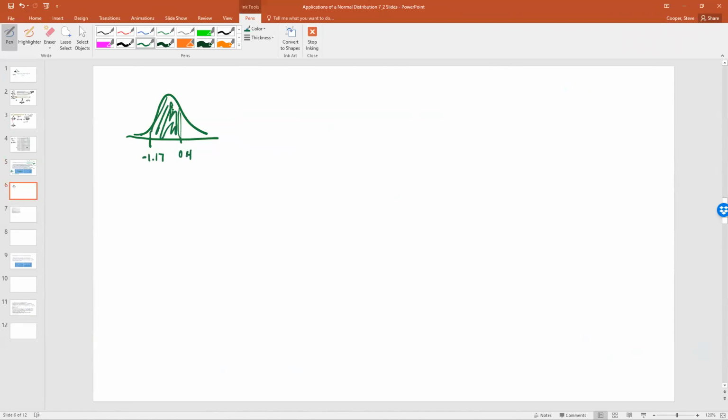So any ideas how we can calculate that area? I've got a problem here. If I were only interested in less than 0.4, then I could calculate all the area to the left of this and shade the rest of this.